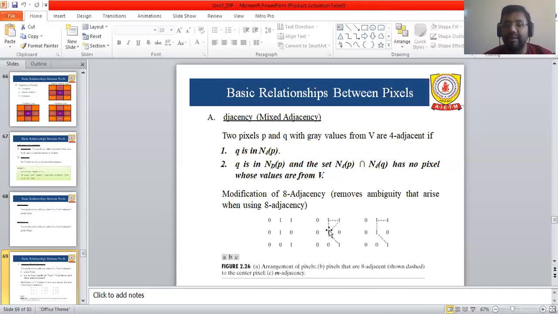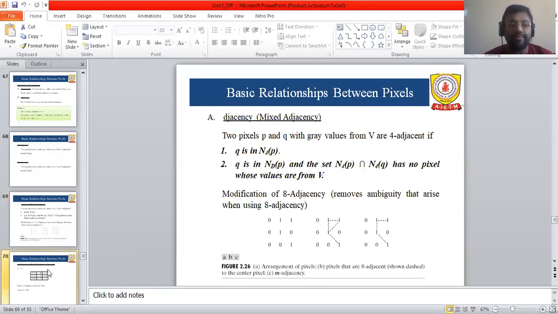Here we can see the dotted line showing the connectivity from this pixel to this pixel and this pixel. In B, we have pixels that are 8 adjacent, shown with lines to the central pixel. And this is the m adjacency, the small m mixed adjacency. We have diagonal as well as 4 adjacency there. So this is mixed adjacency, where we have multiple adjacencies together among the pixels.